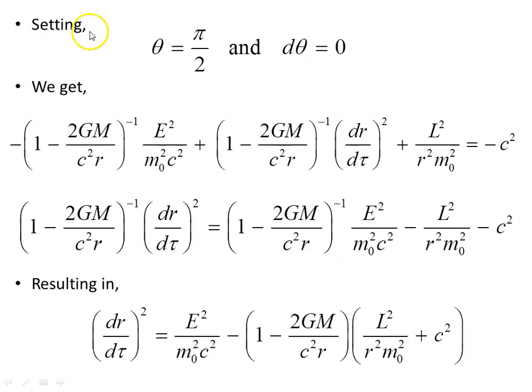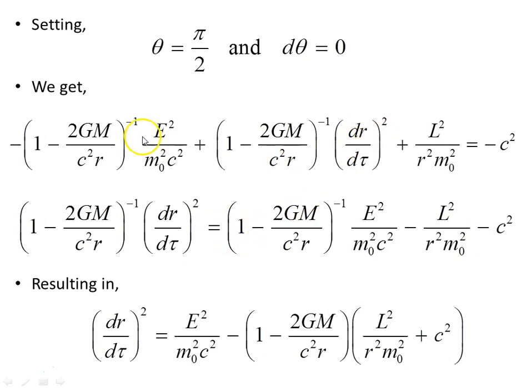Now, how about we go to the equatorial plane? We set the polar angle theta as pi on 2, and because there's no variation in theta, no change, then d theta is 0. That's going to drop out of the equation. So restricting our motion now to the equatorial plane, our equation is simplified a little bit further, and we can rearrange it to get dr/d tau by itself.